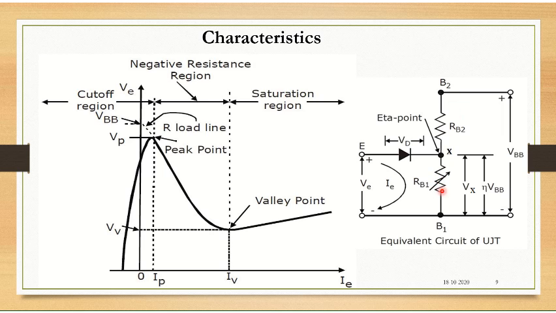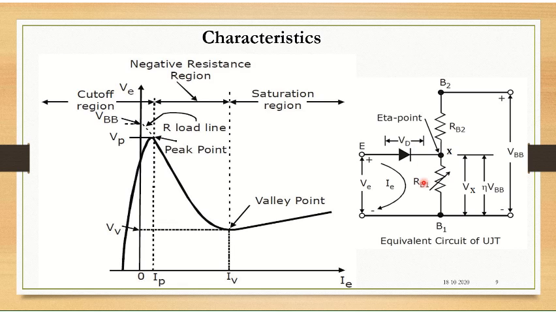The lightly doped n-type material provides less chance for these holes to recombine, because of which the resistance of RB1 will reduce. As there is reduction in the resistance of RB1, the voltage Vx also starts dropping.